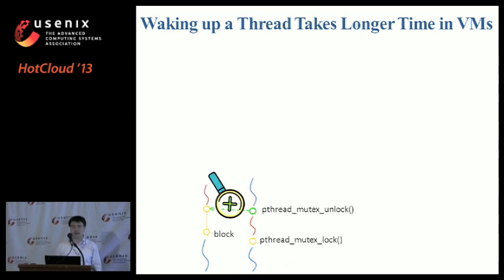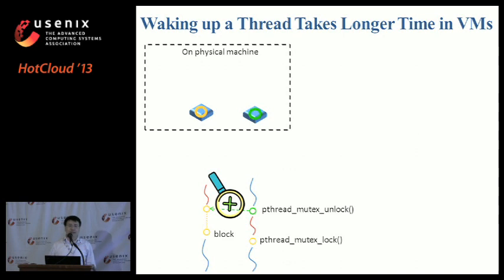So let's look at this part. What operations must we carry out to wake up a thread? If we run these two threads on a physical machine, the physical core running pthread_mutex_unlock will send a rescheduling IPI to the physical core running pthread_mutex_lock.